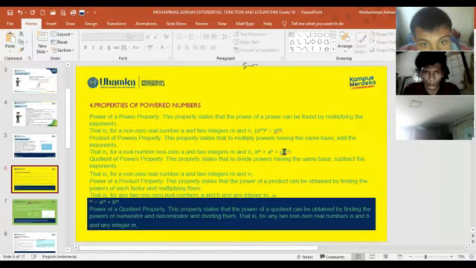Product of powers property. This property states that when multiplying powers having the same base, we add the exponents.